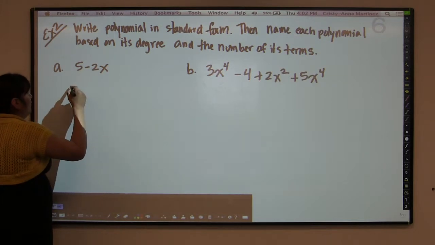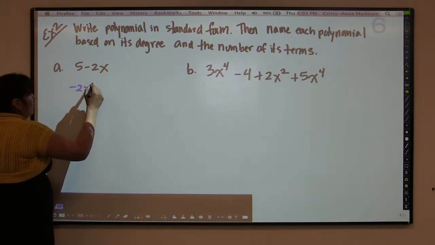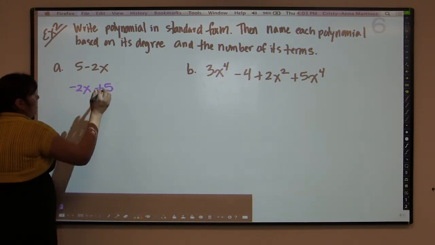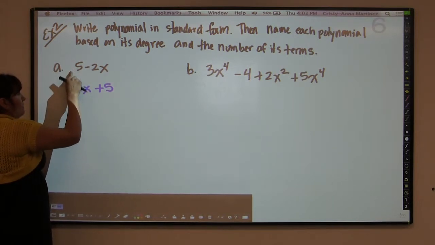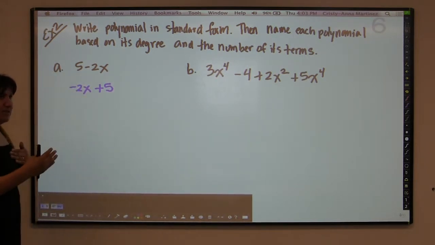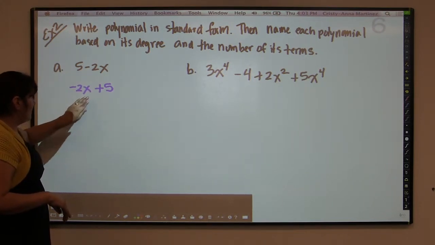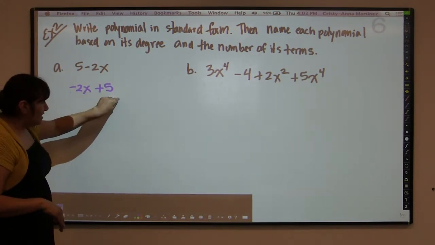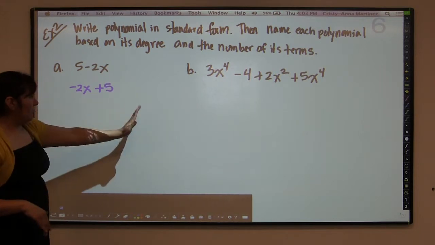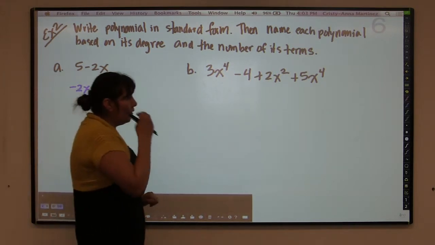So the 1 should go first, so negative 2x to the 1 power plus 5. If there's no sign in front of the 5, then we assume that it's positive, so it's a plus 5. So negative 2x plus 5. This is now in standard form because this degree is 1 and that degree is 0, and it will decrease from left to right. Then we're going to go to B real quick.